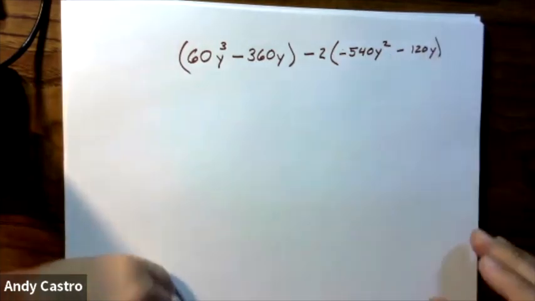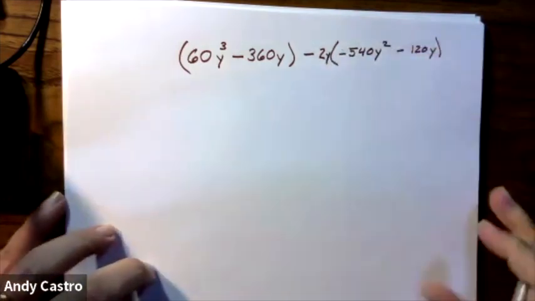Yeah, we'll just leave it like that. All right, we'll have this be a negative 2y there.